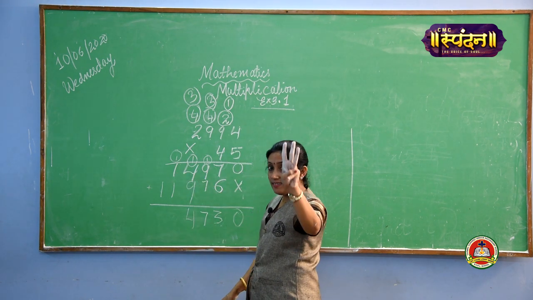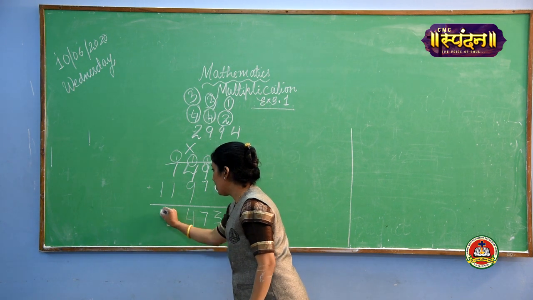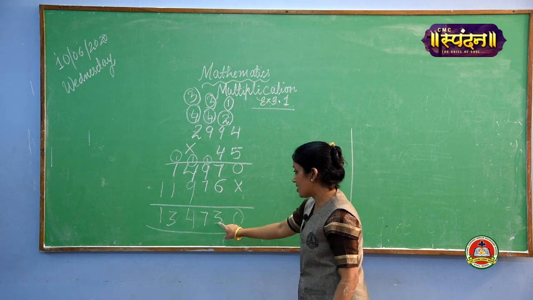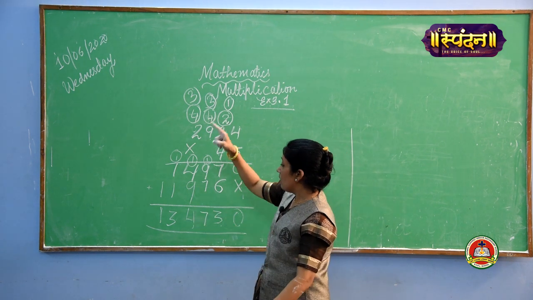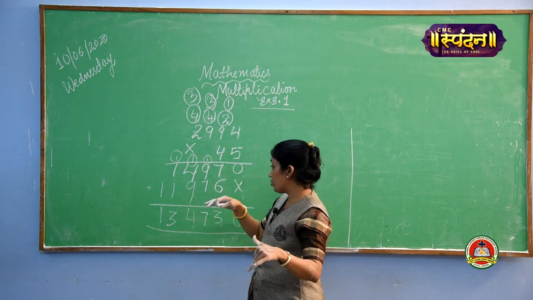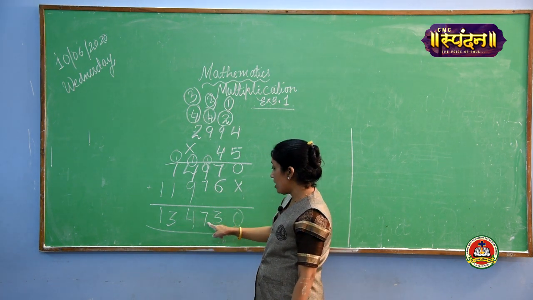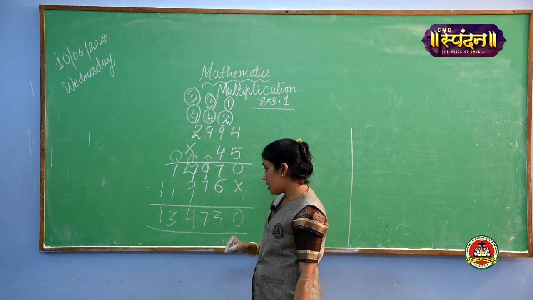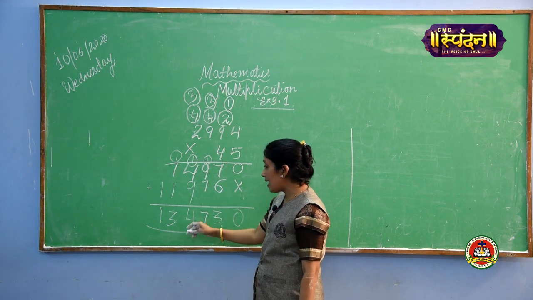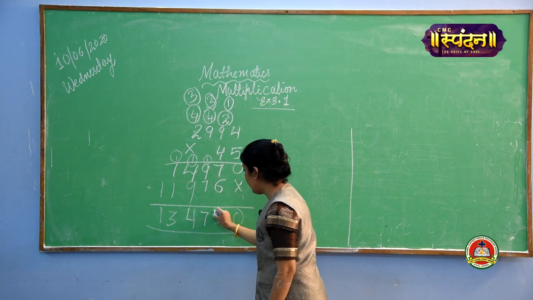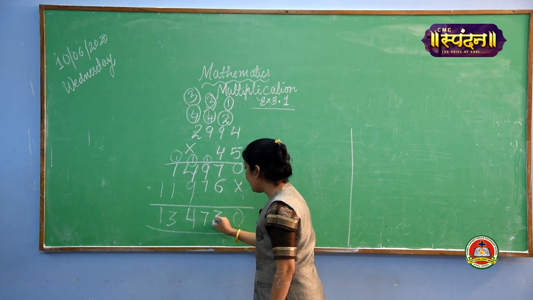So how many are there? 3. Again a 1. See, such a large number I have got: ones, tens, hundreds, thousands, ten thousands, then it is going to be lakhs. So how am I going to get it? 134730. So it means I am having 1,34,730.